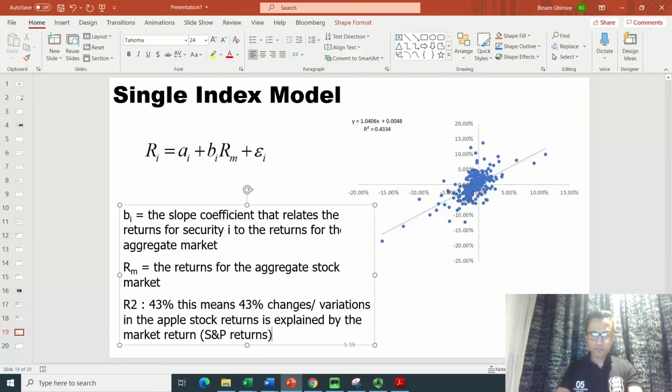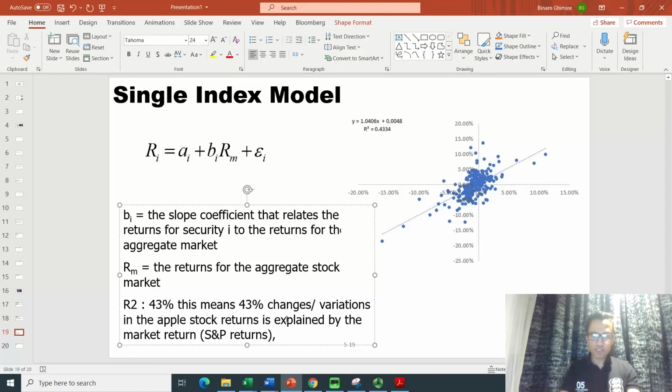Okay, so this is telling you something very important in terms of risk. The 43% is a kind of systematic risk coming from the market, and the return variation in Apple 43% is therefore explained by the variation in return, that of S&P 500.